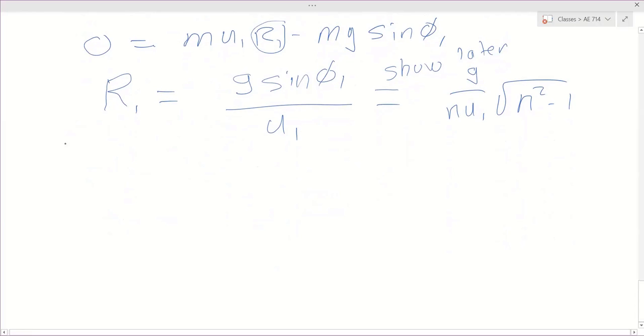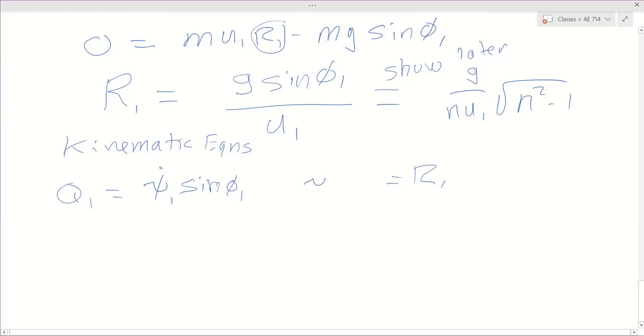Okay, also from the kinematic equations, we have Q1 in terms of the turn rate. And we have R1. I'm going to write this backwards because I want to write something over to the right.